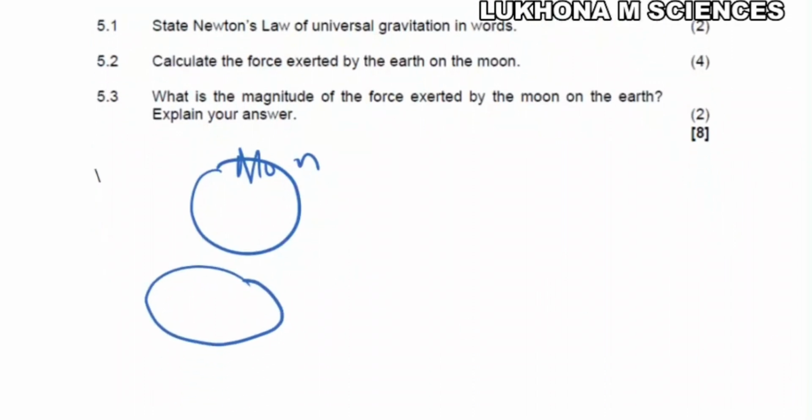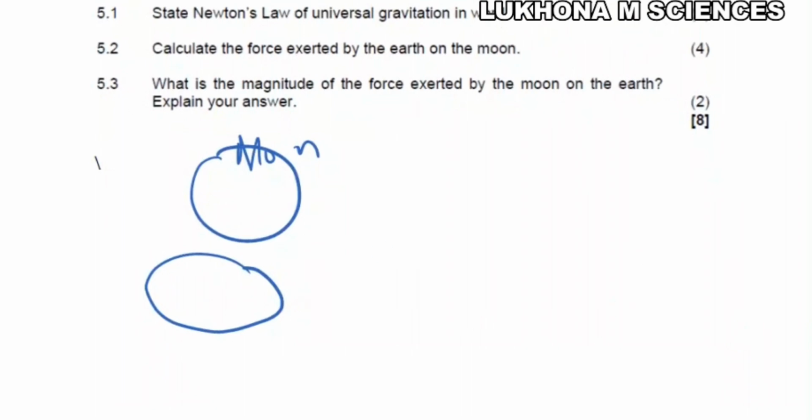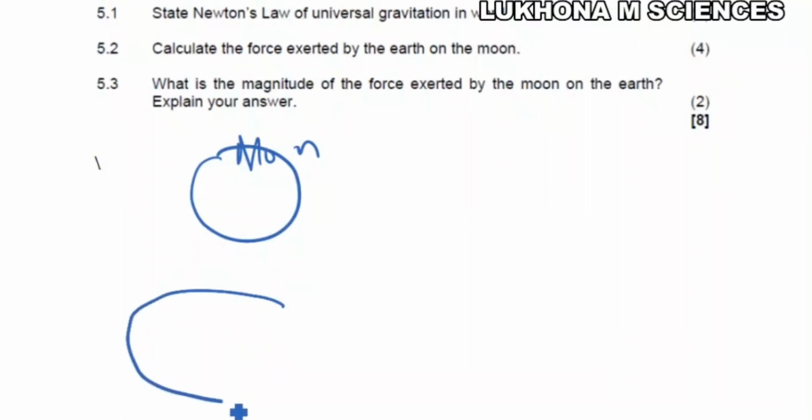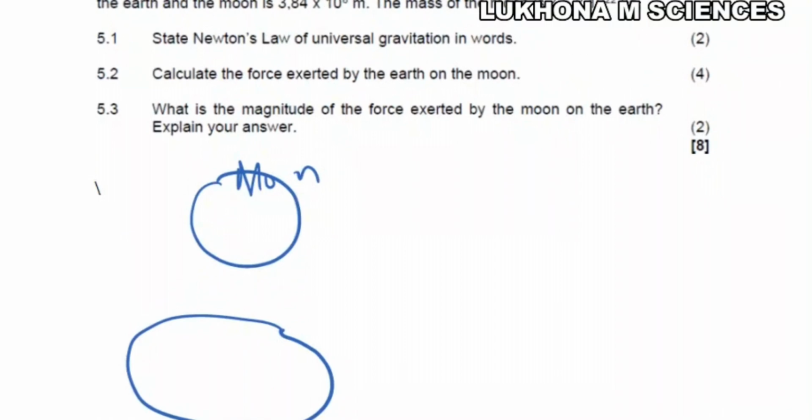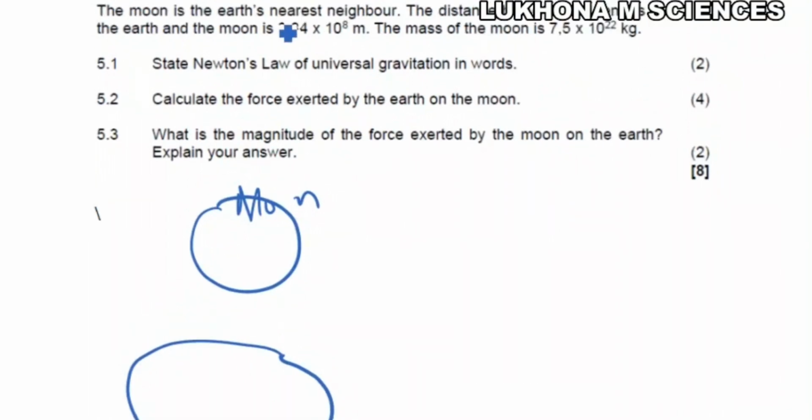So they say the moon is the Earth's nearest neighbor. The distance between the center of the moon and Earth, this is the moon, this is Earth, the distance between the centers is given as 3,84 times 10 to the power 8 meters.